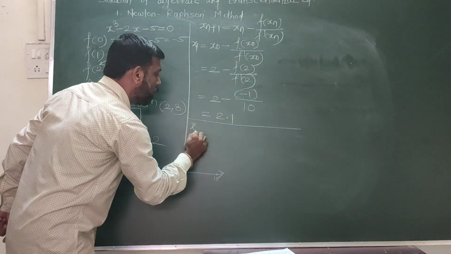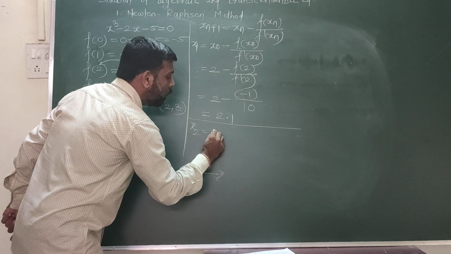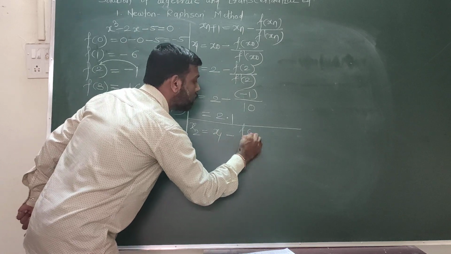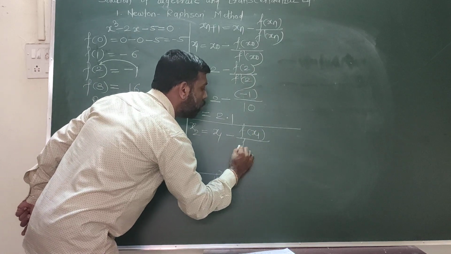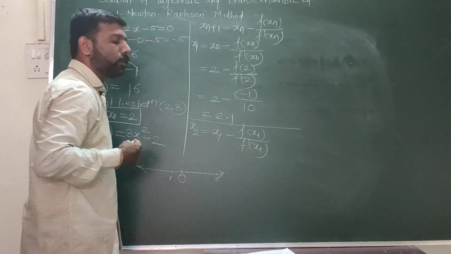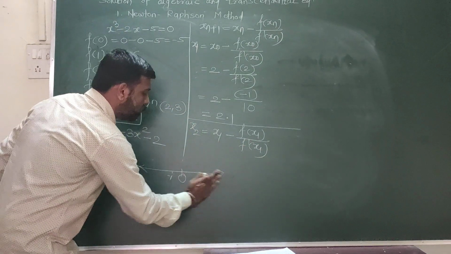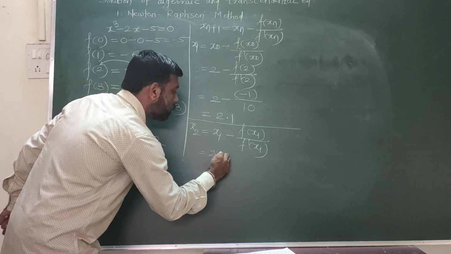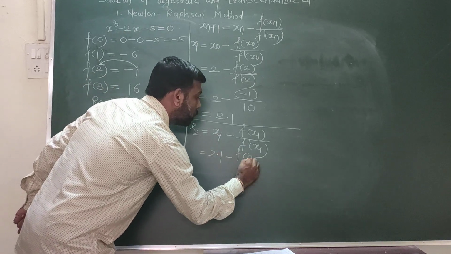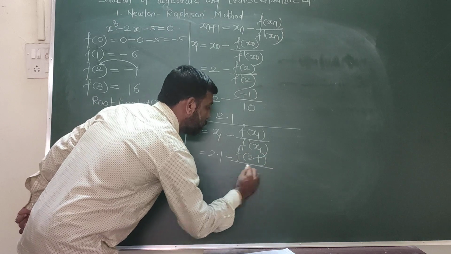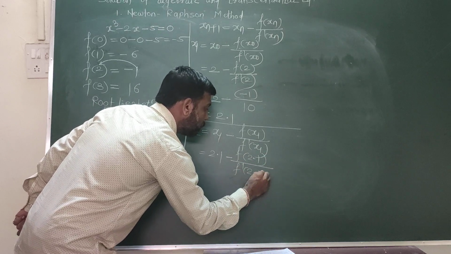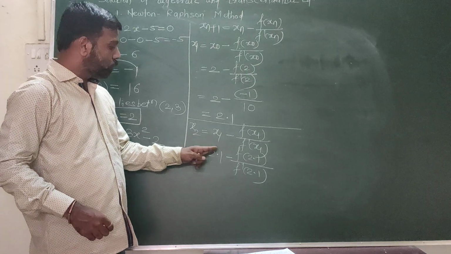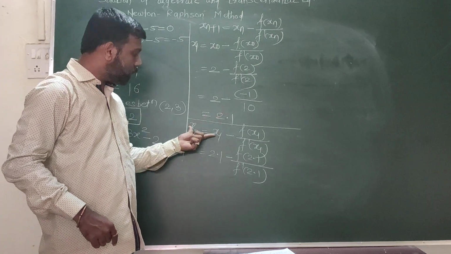Now x2 becomes x1 minus f of x1 upon f dash of x1. So this is our second approximation. The previous value x1 we substitute here for the next approximation.